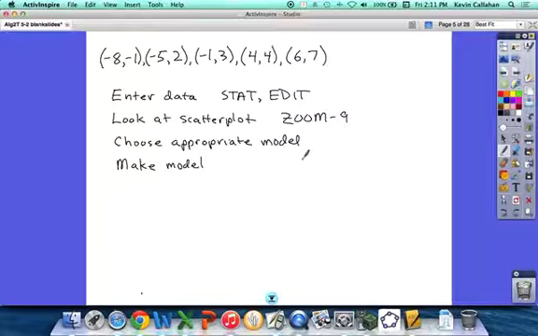You don't need to turn it on, it's already on. And decide what kind of model.